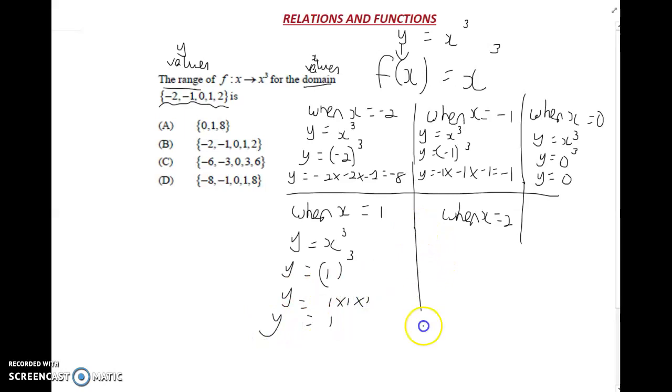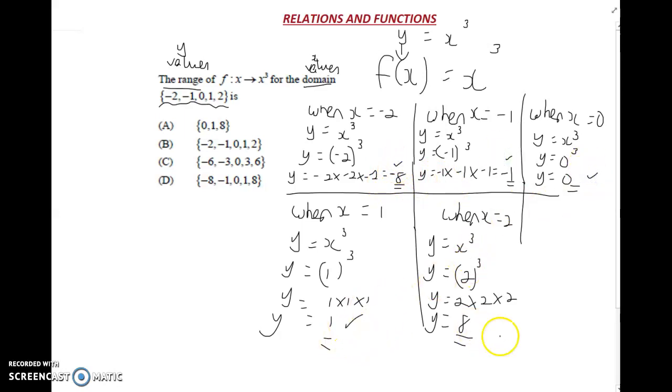And then do it for 2. 2 to the power 3, so that's 2 by 2 by 2, and it's positive, so this should just be 8. So these are my values for y here. So what should my y values be then? Negative 8, negative 1, 0, 1, and 8, which is option D. Very simple.